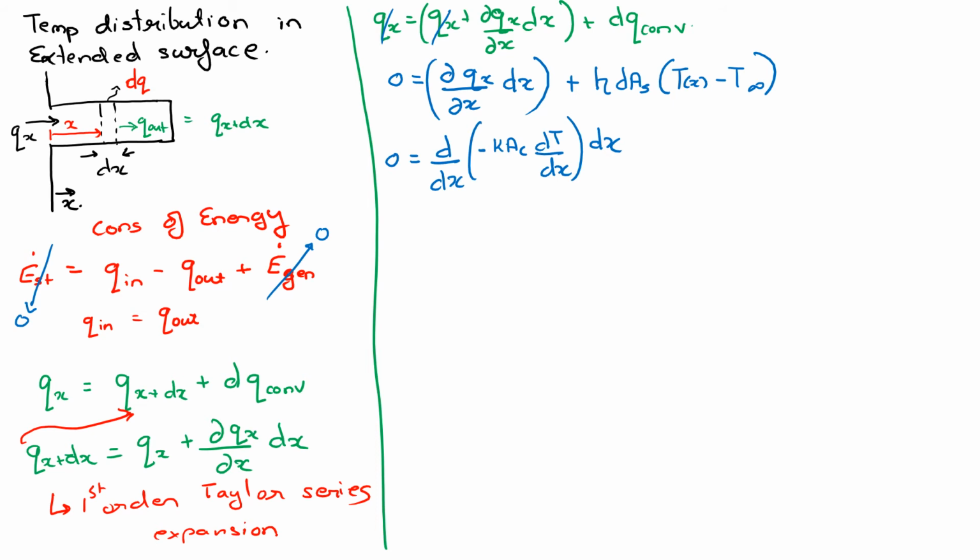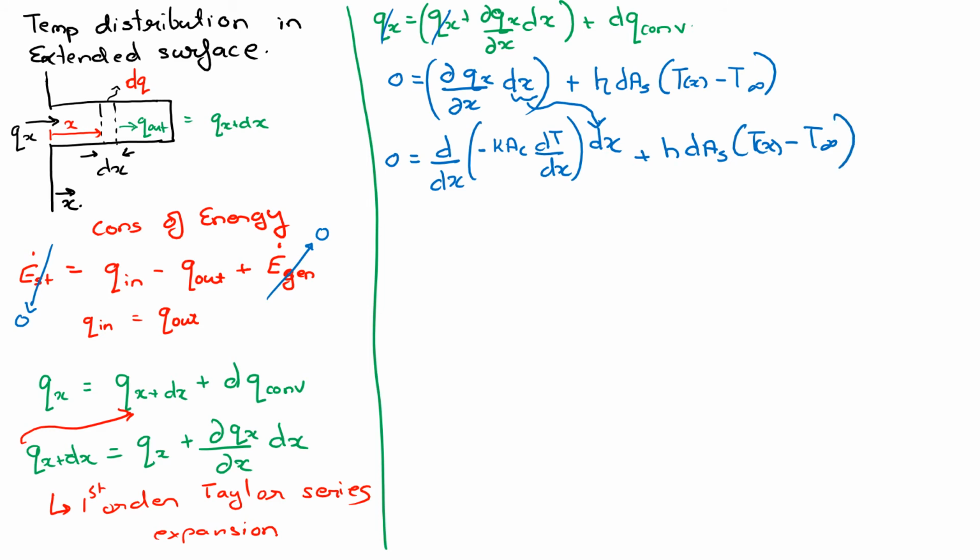So this dx is what we have, plus h into dA_s times dx minus T infinity.